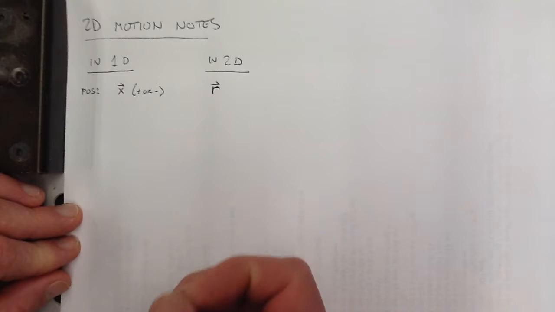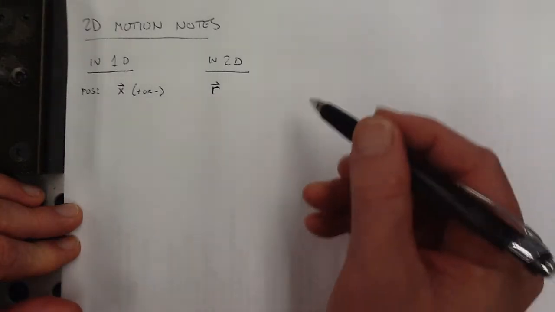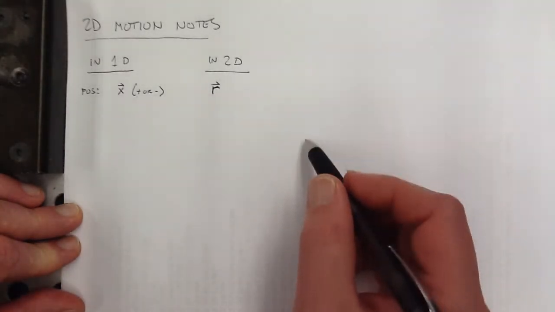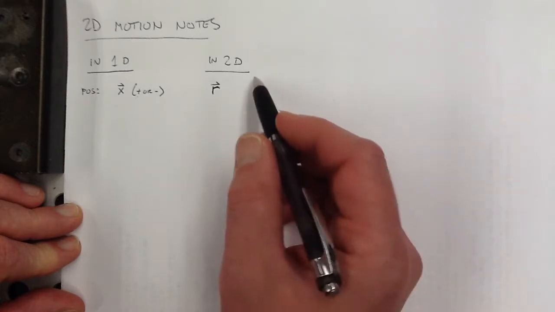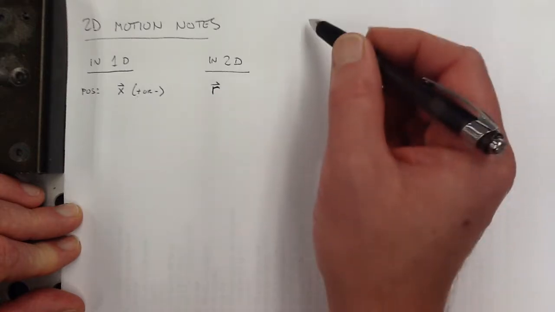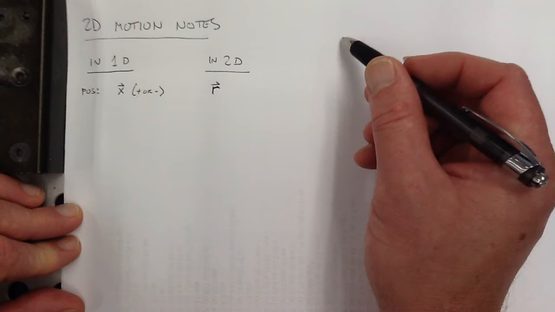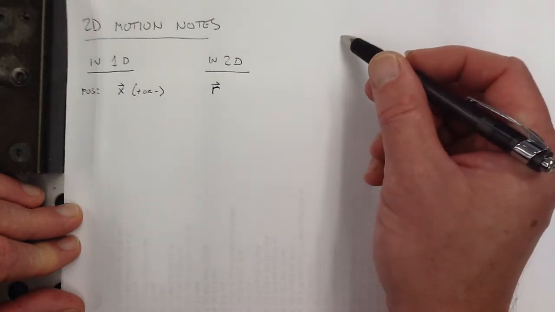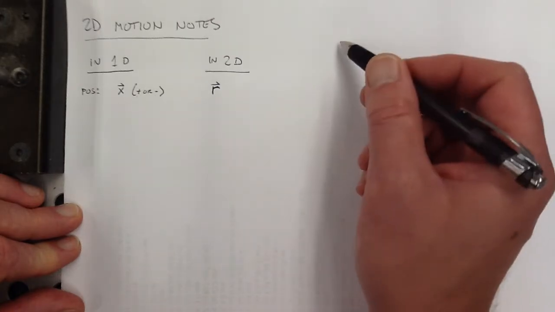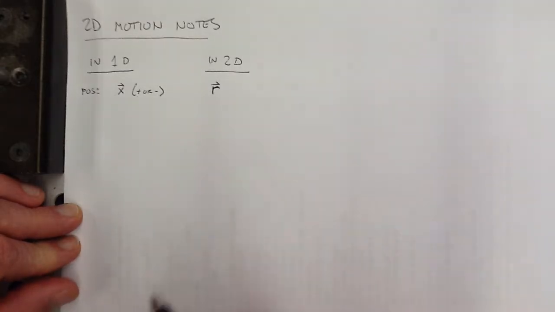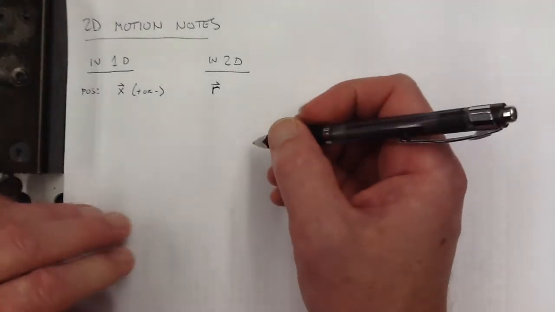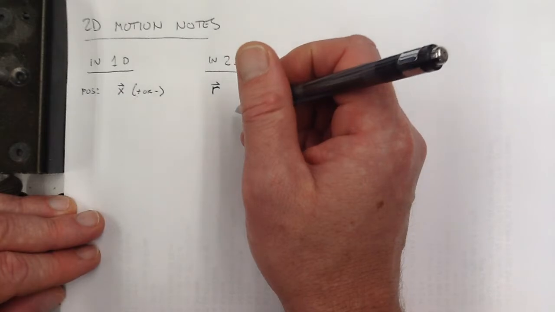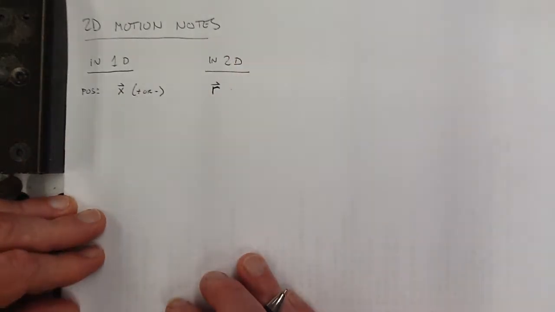You could think of that as kind of like being an R for radius, because if you imagine your axes here, your i direction and your j direction, that position vector is like pointing from the origin to your location, which is kind of like, if you swung that all around, it's like the radius of a circle. So there's your position there.